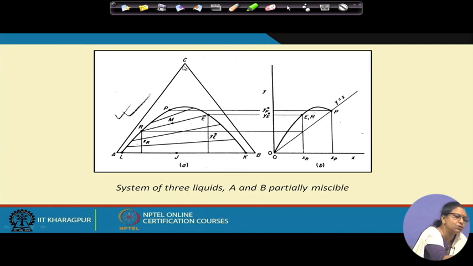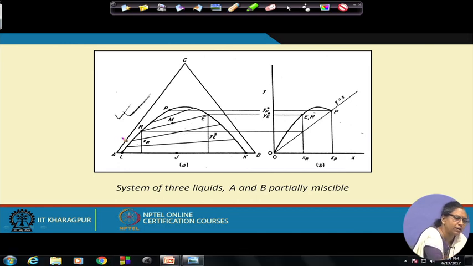This denotes solution of C in A, this denotes solution of C in B, this denotes the liquid-liquid mixture of A and B. Along this particular side, the relative proportions of A and C are denoted by the particular point we select. For example, a point here has a small amount of A and a large amount of C, whereas a point here has a small amount of C and a large amount of A.